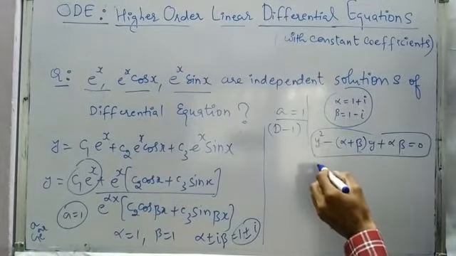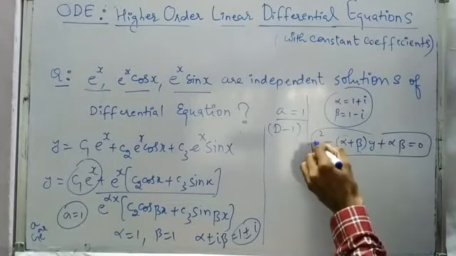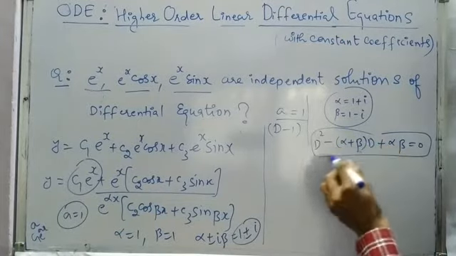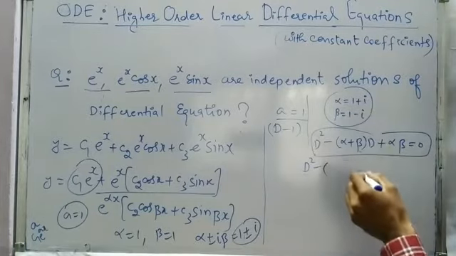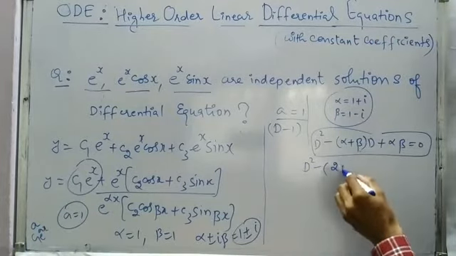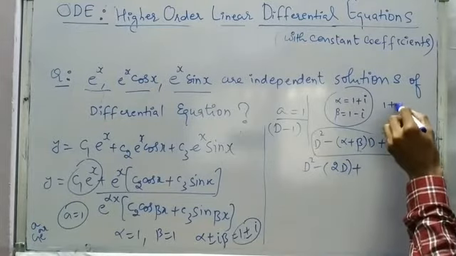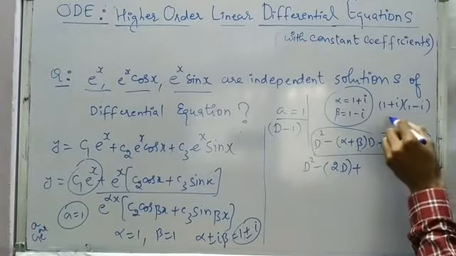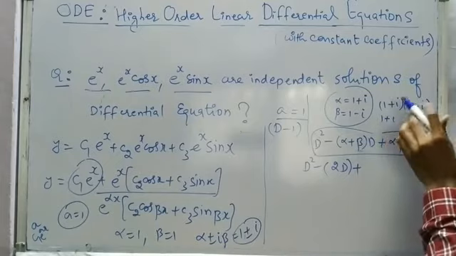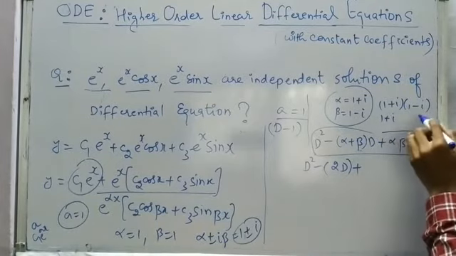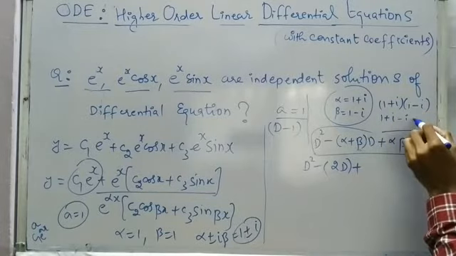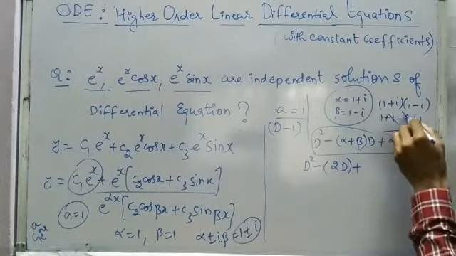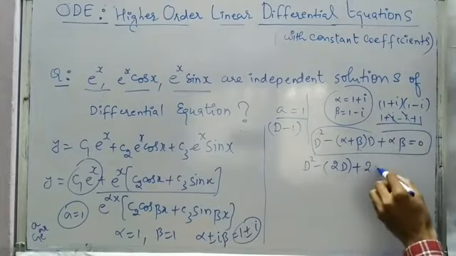Or let us take D itself here, why confuse ourselves. So D squared minus (alpha plus beta): 1 plus 1 is 2, and i and minus i give 0, so 2D, and plus alpha beta: (1 plus i) into (1 minus i). So 1 into 1 plus i, and minus i times 1 plus i gives minus i squared, minus 1, so the i terms get cancelled and the product is 2.